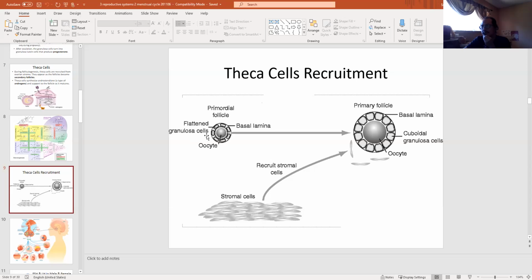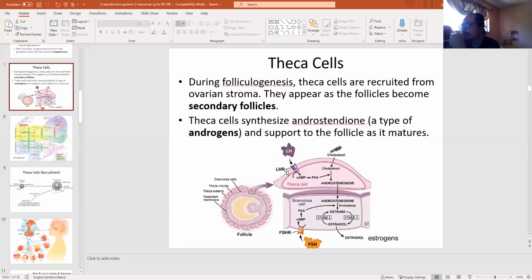The follicular cells become the granulosa cells, and then they recruit the stroma cells from the ovaries to form the theca cell. Now, these theca cells will work with the granulosa cells to produce the sex hormone, estradiol.